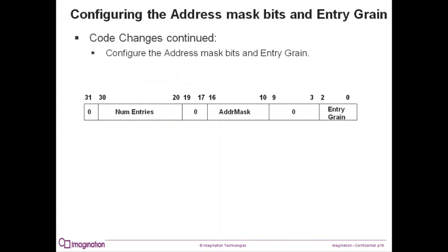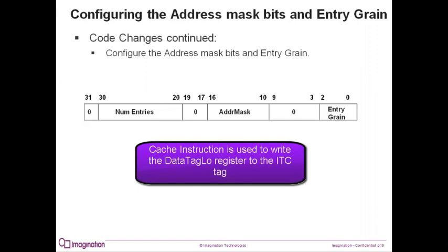Now I am set to configure the ITC's address mask and entry grain. Since I'm going to use the cache instruction to write the ITC tags, I must first set up the data tag low register with the correct information. The cache instruction will write the value in the data tag low register to the ITC tag.